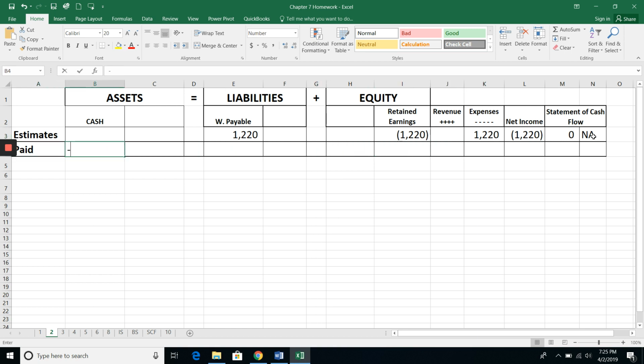So at that point, we would pay for the repair, and we'd also reduce our payable because, in essence, at that point, we're working down that estimate. We've made our first repair. We estimated that we were going to have $1,220 in repairs to make. Here's one of the repairs that we did have to make that's going to be going against our warranty payable.